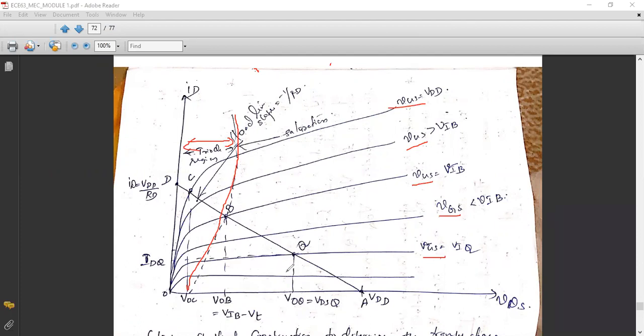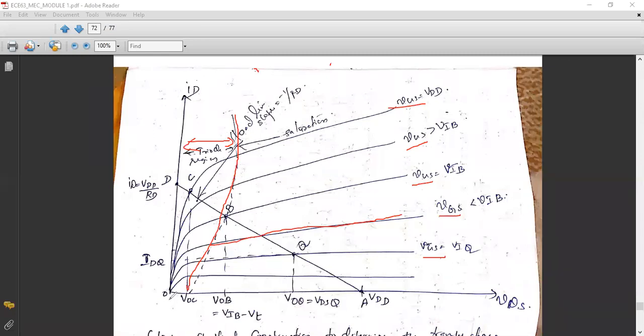In the saturation region, your drain current is almost constant, and it is independent of VDS. So even if you increase VDS to a large value, there is no appreciable change in drain current; it is almost constant. But in the triode region, obviously you can see there is a drastic increase in drain current for a very small value of VDS.